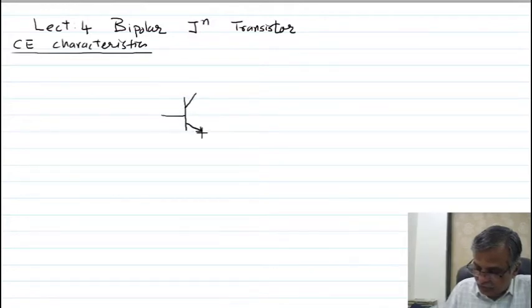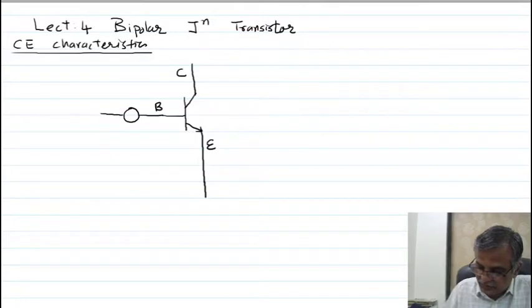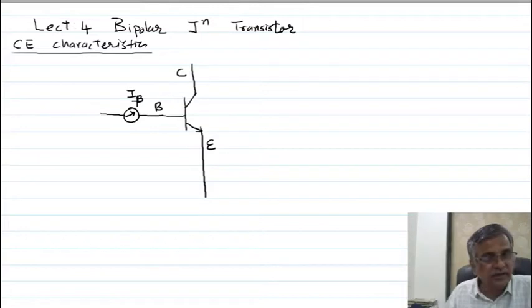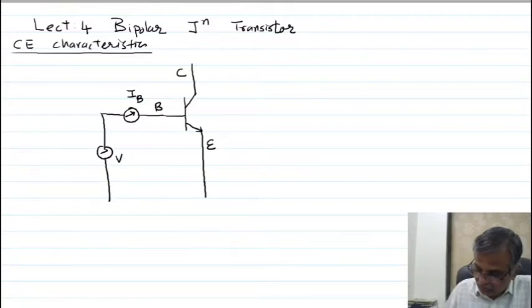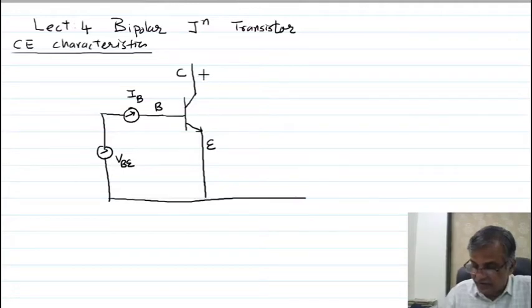This is the emitter, this is your base, this is your collector. This is the input current meter, and to measure the base emitter voltage I have connected a voltmeter between the base and emitter.